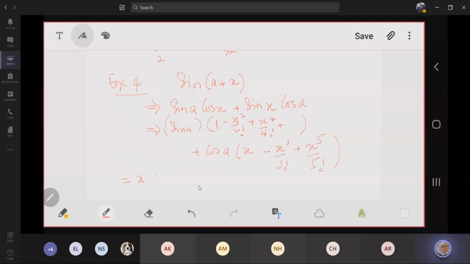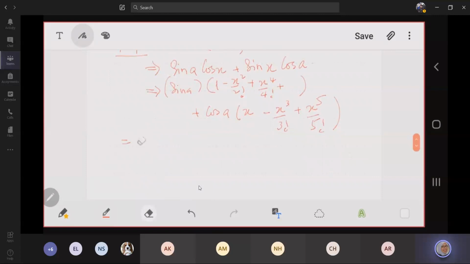The constant is sine a, and then plus x cos a, and then plus x squared times minus sine a on 2 factorial.